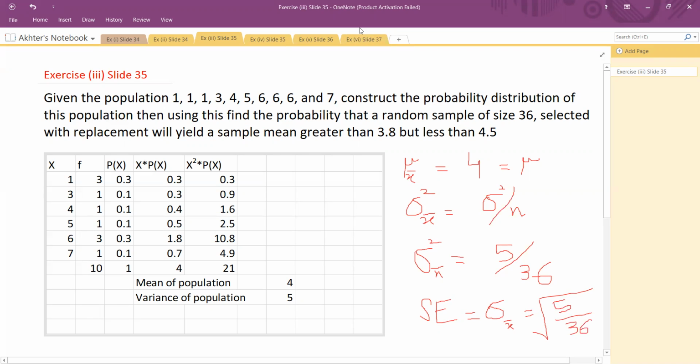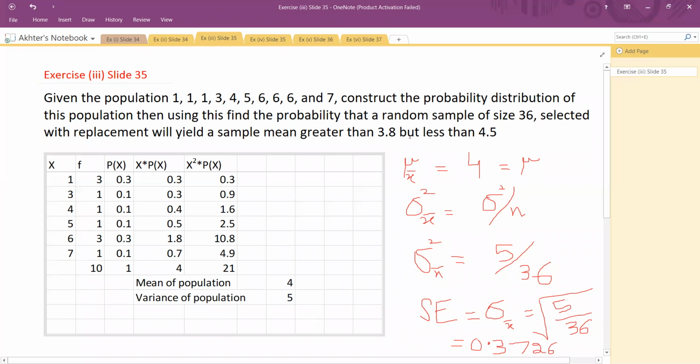Computing it, the standard error is equal to 0.3726. Now we have the mean and the standard deviation of the sampling distribution of mean.